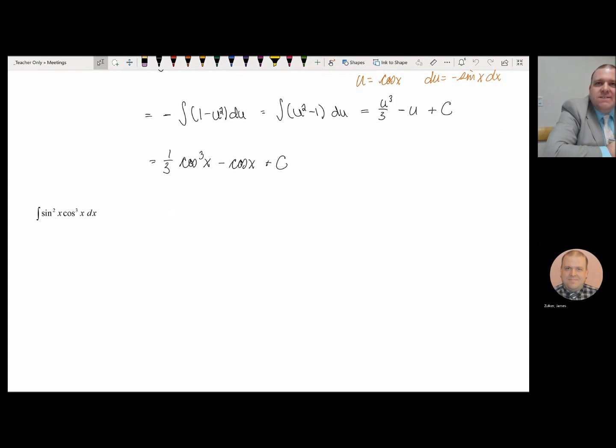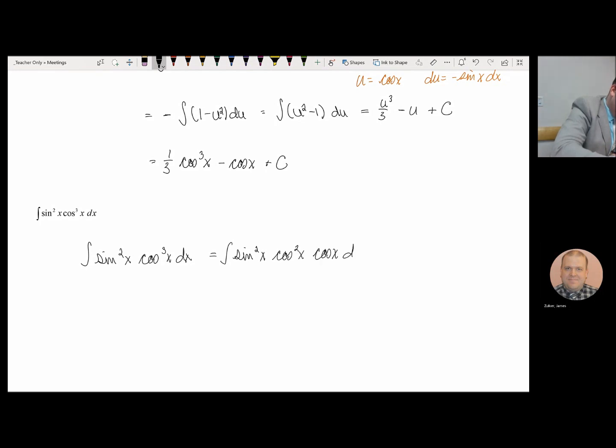So separate the cosine. Then we had cosine, sine squared, like that. Right? So if you pull out just one cosine, well, now we have cosine x dx, which means we're going to want to do u sub with u equal to sine.